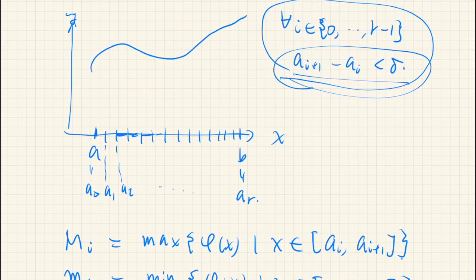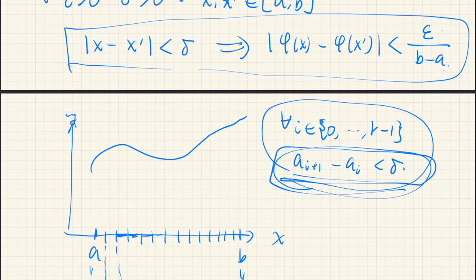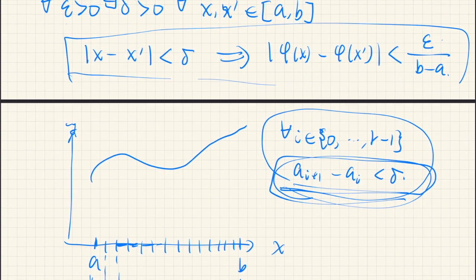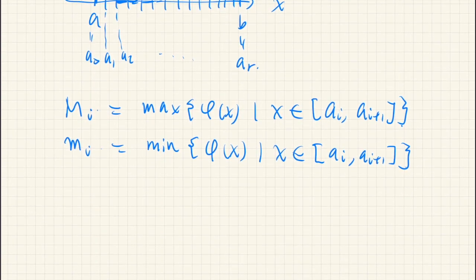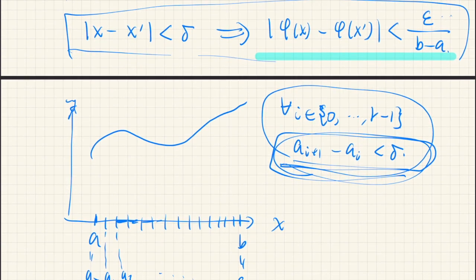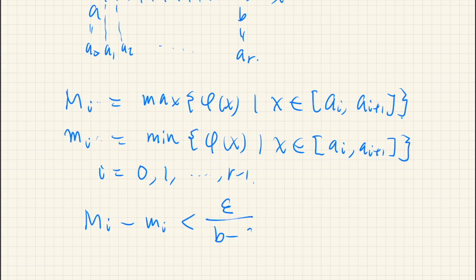Since the width of the subinterval is less than delta, we always have this inequality. That means the difference between capital M_i and lowercase m_i is less than epsilon over b minus a, for any i from 0, 1 up to r minus 1.